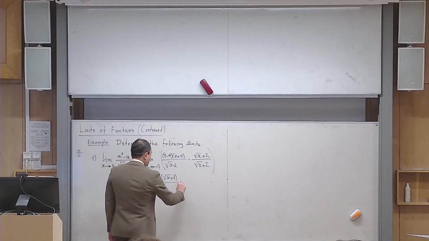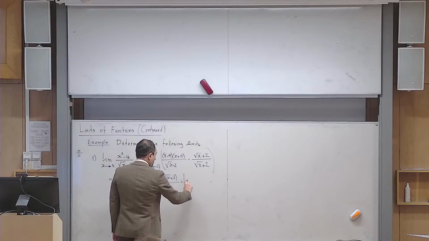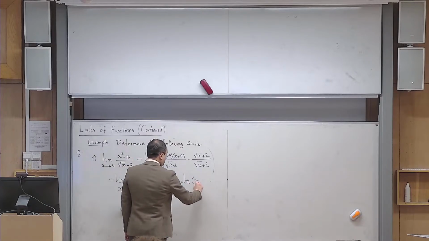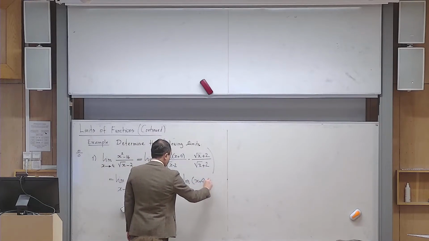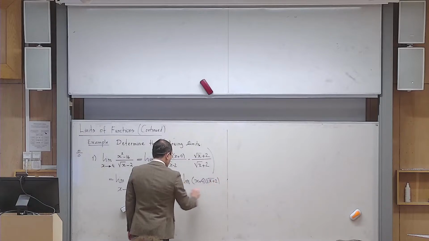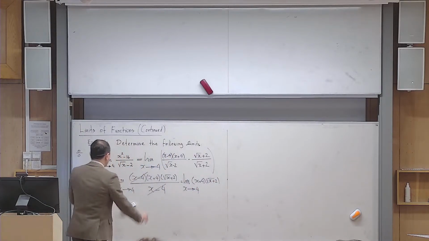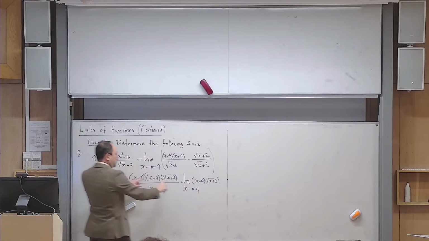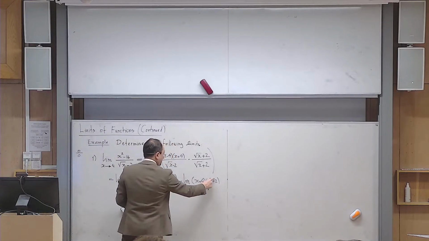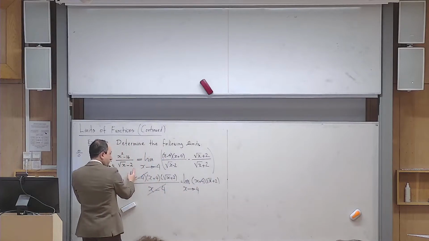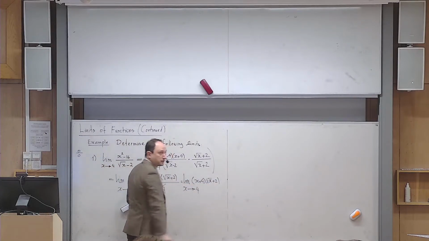And then what is happening? Again, you see I am just writing this symbol, limit, and then I have x plus 4 over square root of x plus 2, and x goes to 4. So I am not claiming that this function is equal to this function, but I am claiming that the limit of this function is equal to the limit of that function.